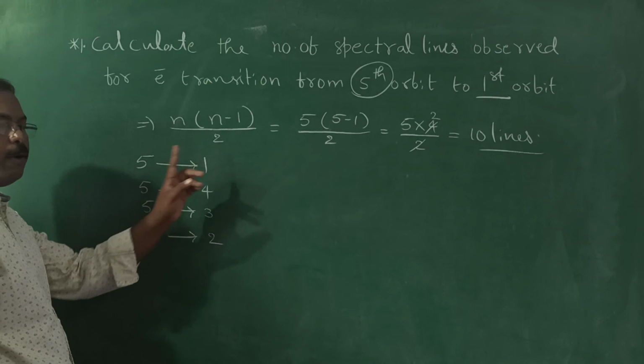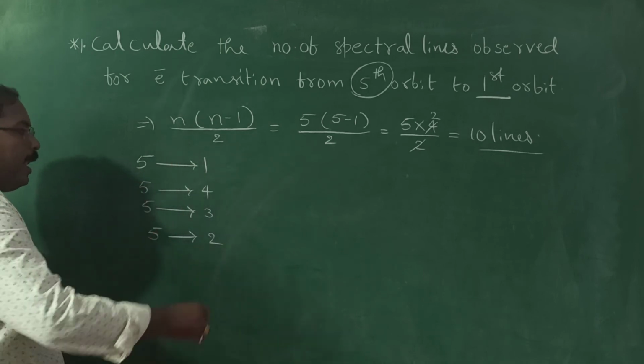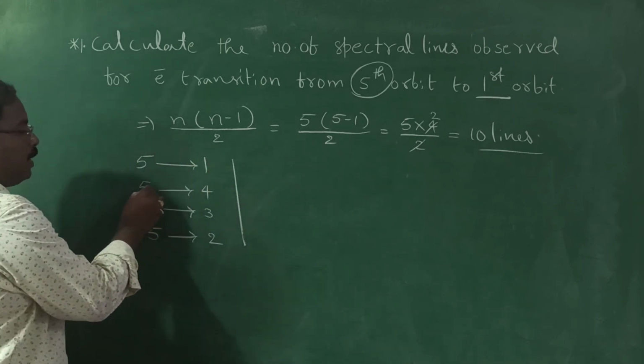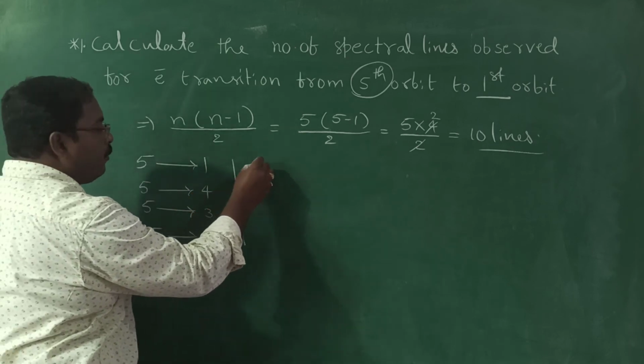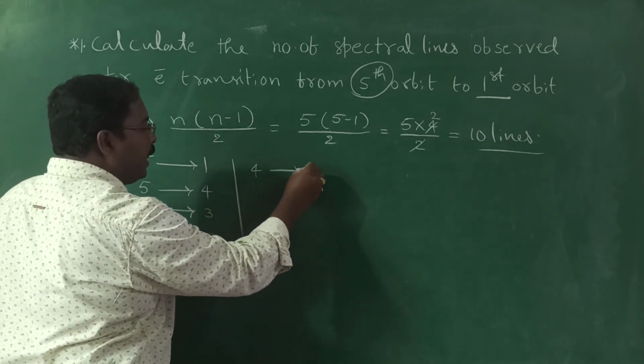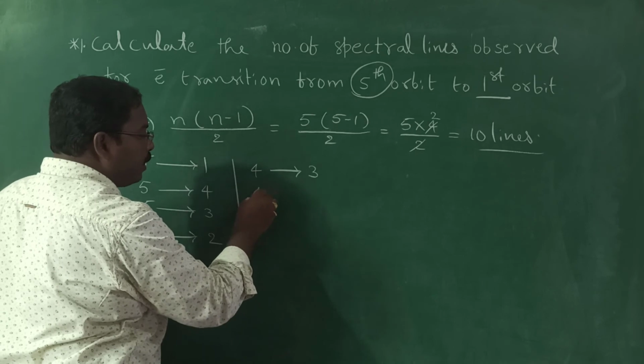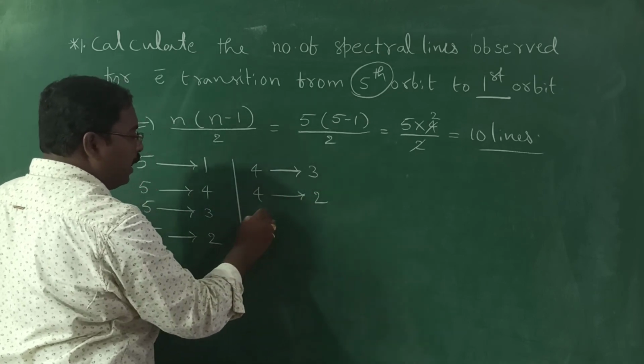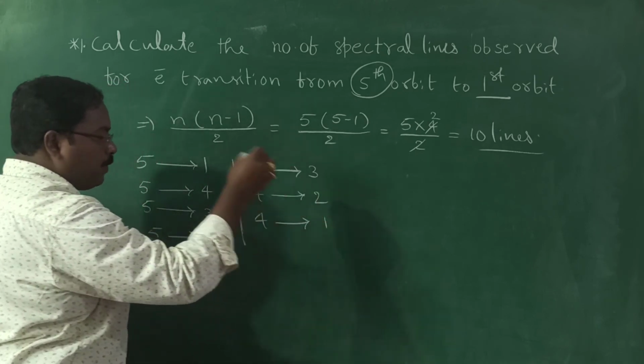These are all the probabilities. Next, when the electron jumps from fifth to fourth, again from fourth it may jump directly to the third orbit, or to the second, or directly to the first.